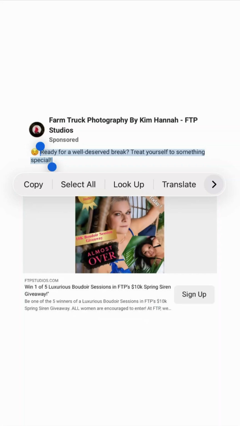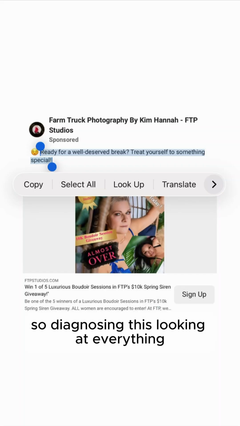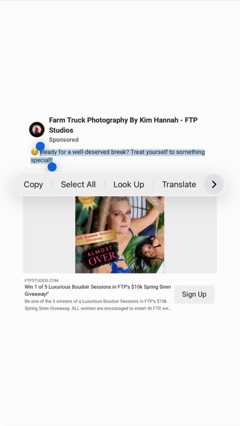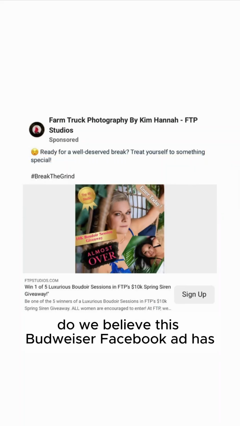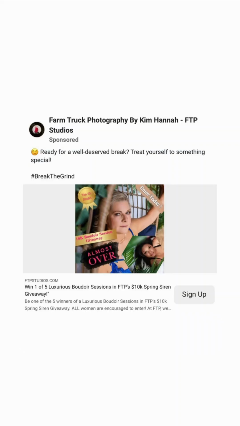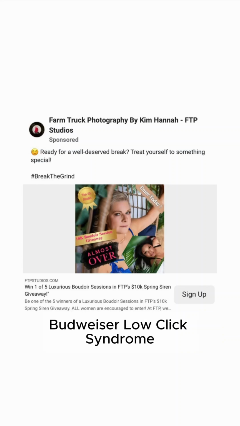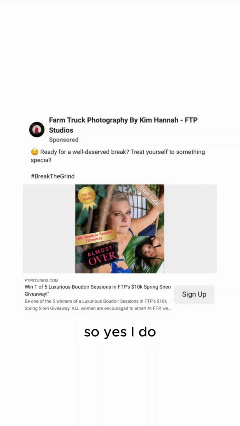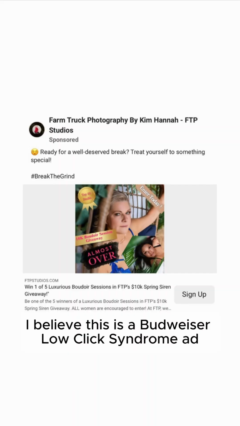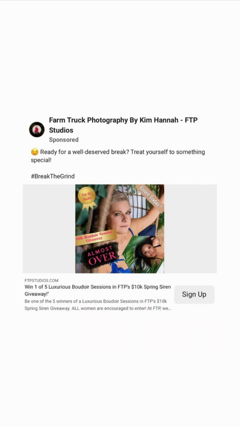So diagnosing this, looking at everything: do we believe this Boudoir Facebook ad has a unique CTR under 6%, aka has BLCS, Boudoir low click syndrome? So yes, I do. I believe this is a Boudoir low click syndrome ad.